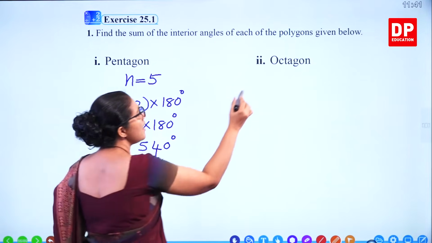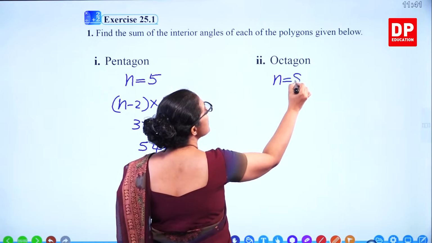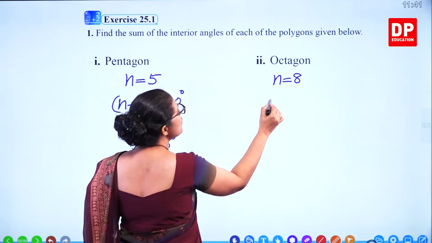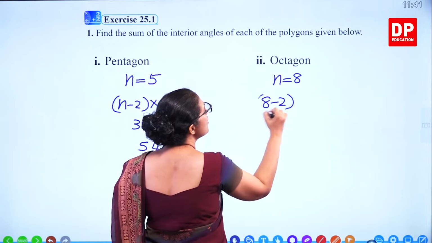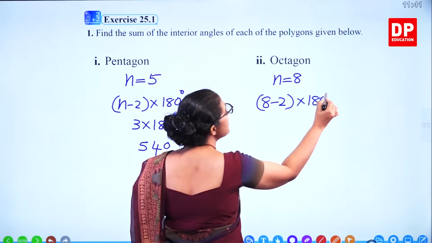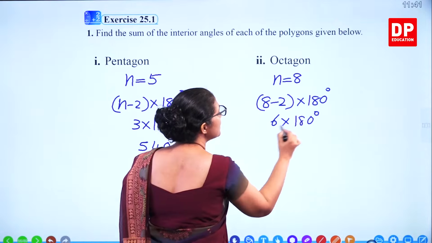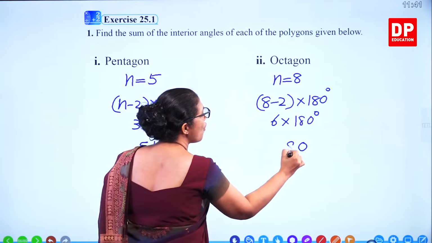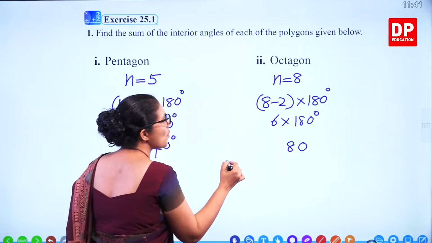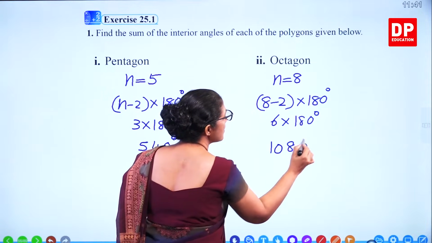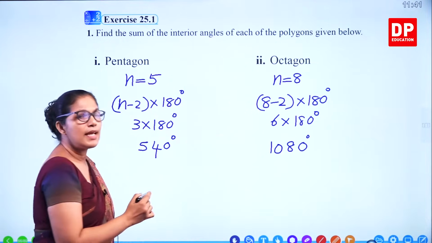Octagon means n equals 8, 8-sided polygon. So substitute into the formula: 8 minus 2 into 180. That means 6 times 180. 6 times 0, 0. 6 times 8, 48. 6 times 1, 6 plus 4, 10. So 1080 degrees.